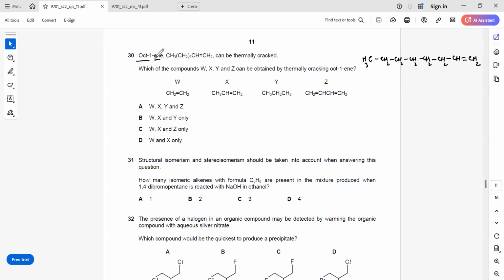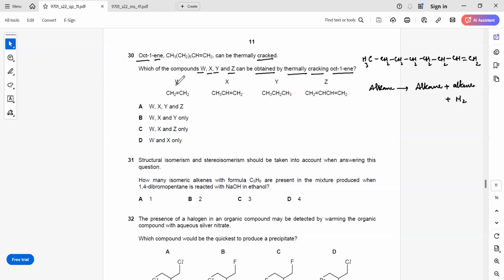So that is oct-1-ene, 8 carbon atoms. So we know what happens in cracking. Remember, cracking gives us which type of products? Alkanes, or it can be cracked into either alkane or alkene, and sometimes hydrogen as well, right? So they are saying which of the four compounds W, X, Y, and Z can be obtained by thermally cracking this oct-1-ene.